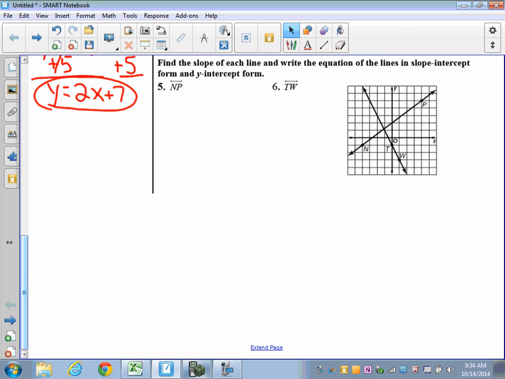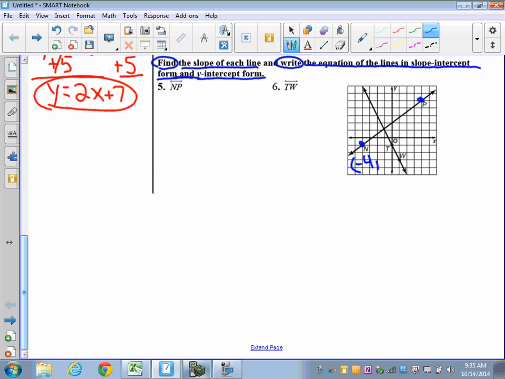So we have NP. So it says find the slope of each line and write the equation of the lines in slope-intercept form and y-intercept form. So first, let's find the slope of NP. There's point N, there's point P. Point N is -4, -1.